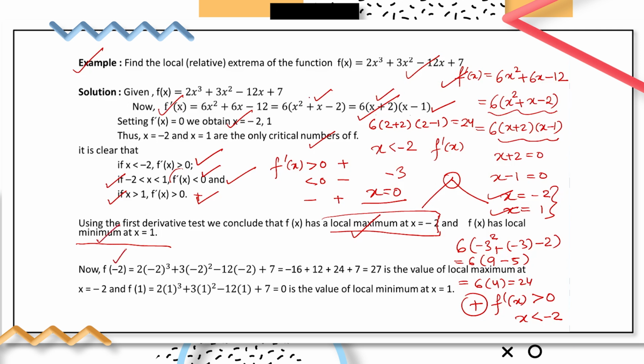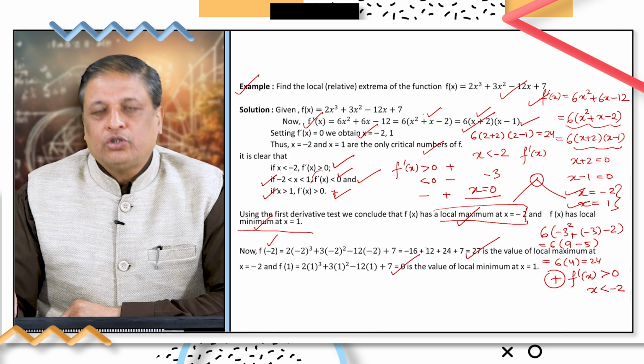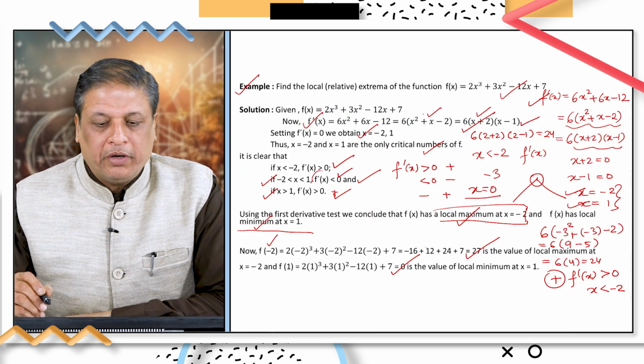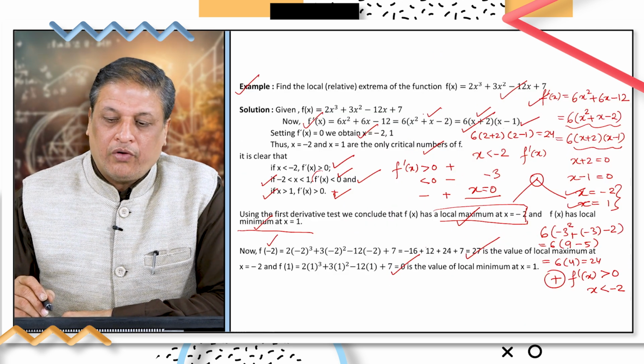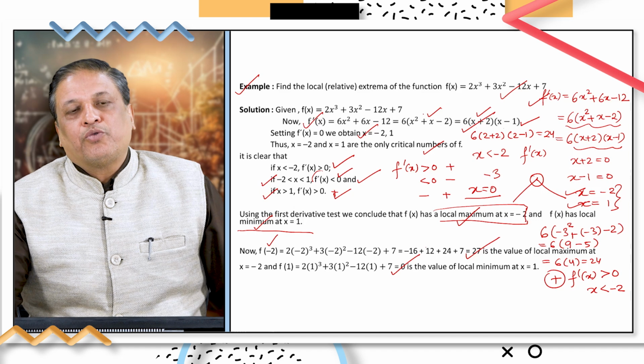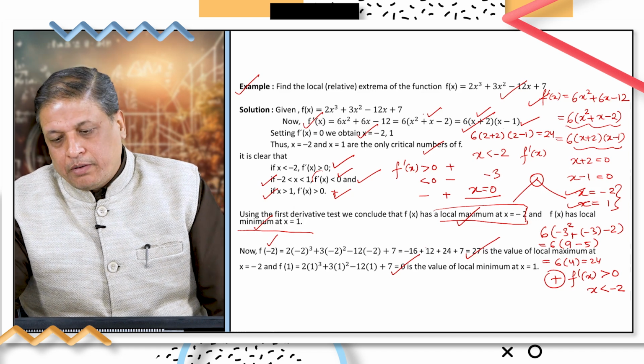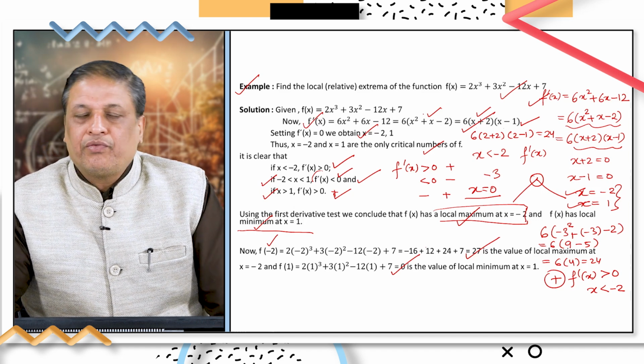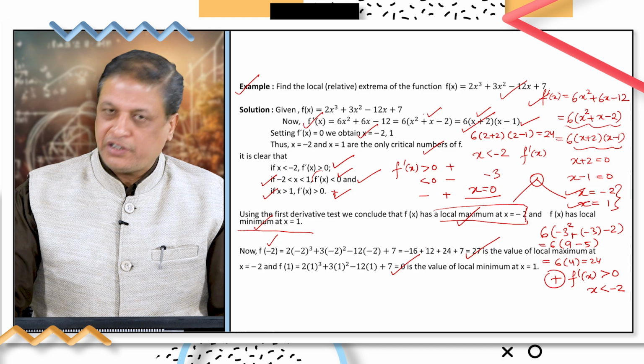By substituting the values minus 2 and 1, we can find the value of the function f(x) at minus 2 turns out to be 27, and at 1 it turns out to be 0. So this is how we determine the local or relative extrema of any function: we find the critical numbers, and thereafter verify the change of sign.